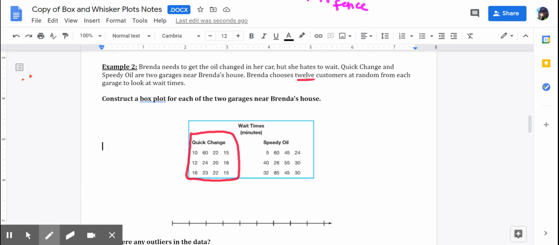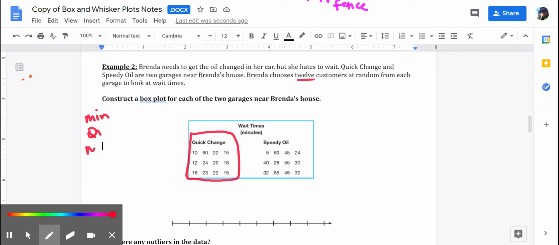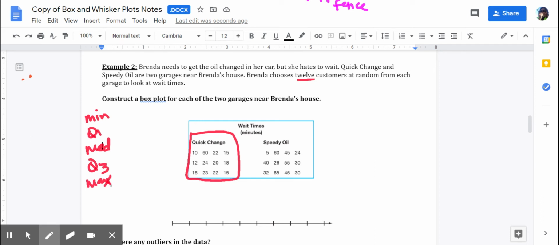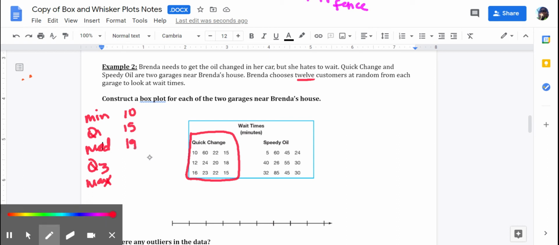And then I'm going to hit second data, and then I'm going to look for my min, Q1, my median, Q3, and my max. And when I do that, I should be able to find that my minimum for Quick Change is 10, my Q1 is 15, my median is 19, Q3 would be 22.5, and then my maximum 60.